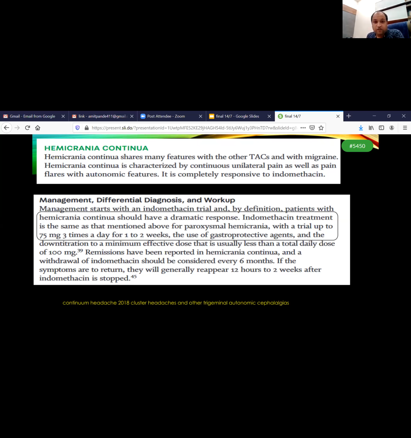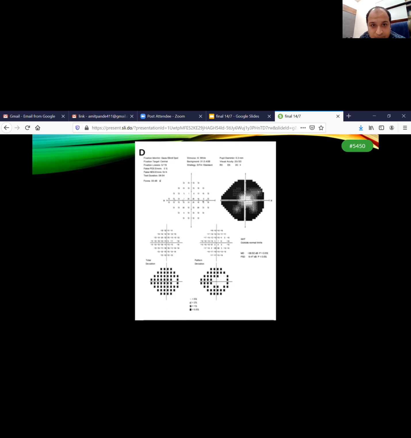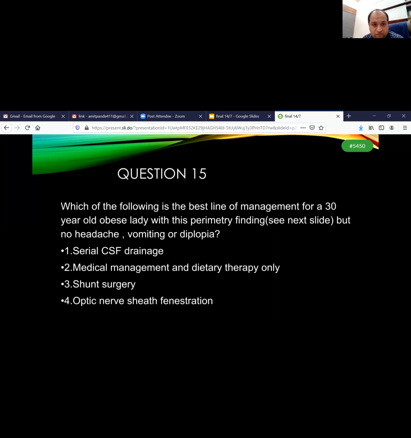Which of the following is the best line of management for a 30-year-old obese lady with this perimetry finding? See in the next slide, but no headache, vomiting, or diplopia. So this is a perimetry. Which of the following is the best line of management for this lady who has got these perimetry findings but no headache, no vomiting, or diplopia?